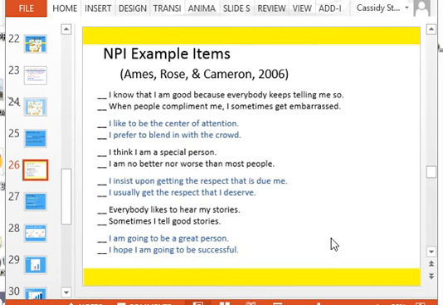Is that a valid measure? Is an option of I'm going to be a great person actually measuring that you are narcissistic? And we're just taking this at face value here because you're just kind of looking at it. And also when we're looking at these, we want to see, does this look at all aspects of narcissism? And this is only a few items, so we can't really assess that.